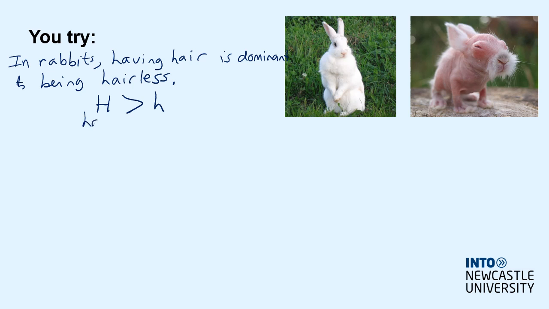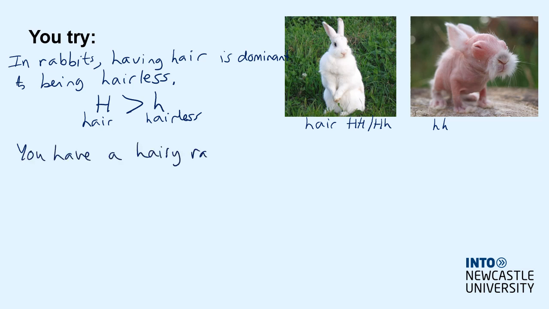So this is hair and hairless. This is a rabbit with hair, and this could be big H, big H, or big H, little h. This picture is a hairless rabbit, and he's definitely little h. And you have a hairy rabbit. That's a weird sentence. You have a hairy rabbit. So that's its phenotype.